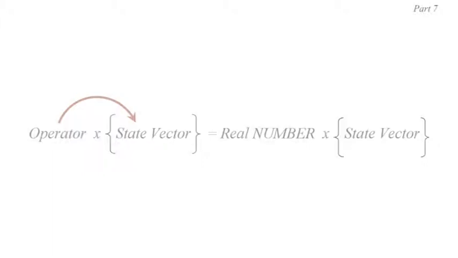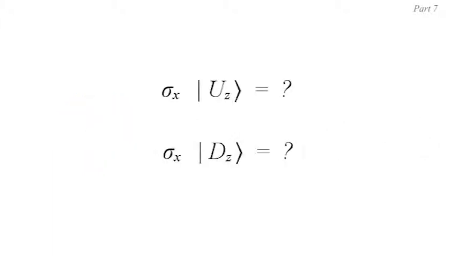Take, for example, the application of sigma x on the up or down states. The up and down states represent those situations where the spins are in the positive or negative z direction, and sigma x measures the x component of the spin.